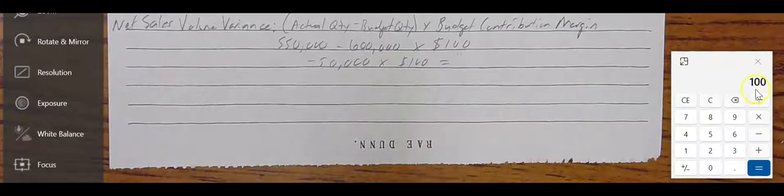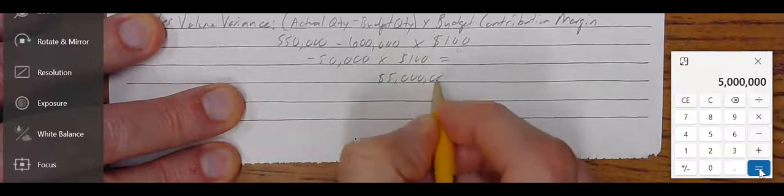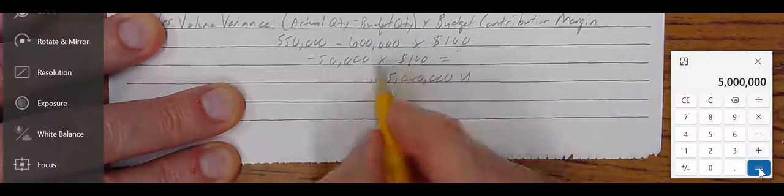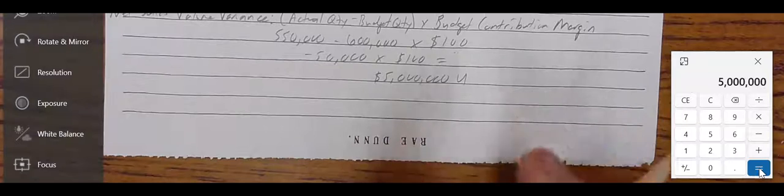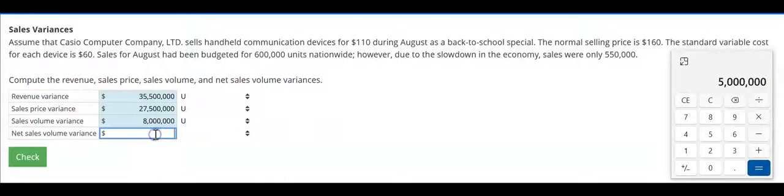So actually we've got the $100 on the calculator already. So let's multiply that by 50,000. And so that gives us 5 million, and because this was a negative here, that would be an unfavorable variance.